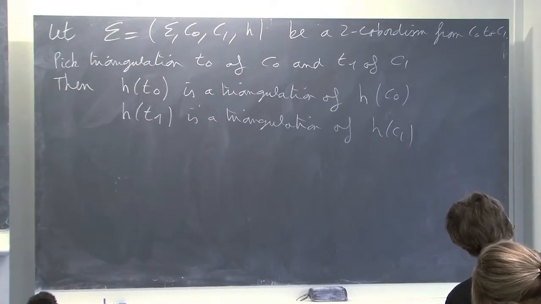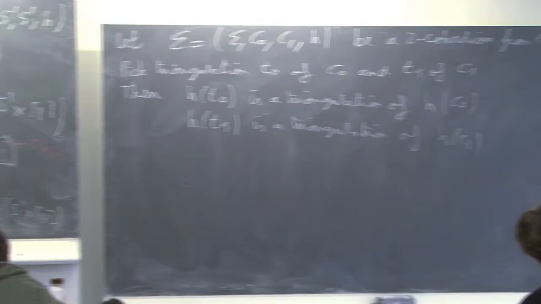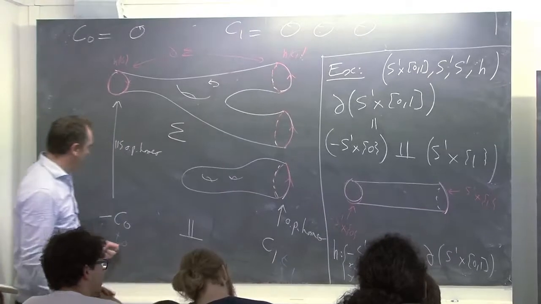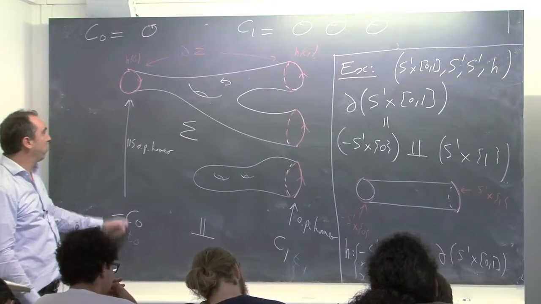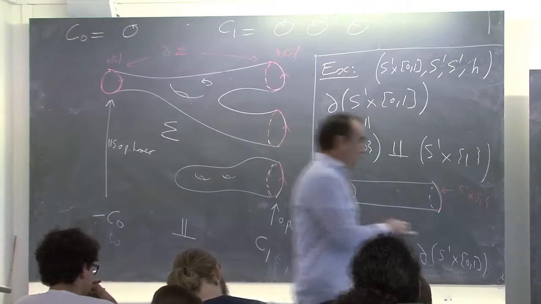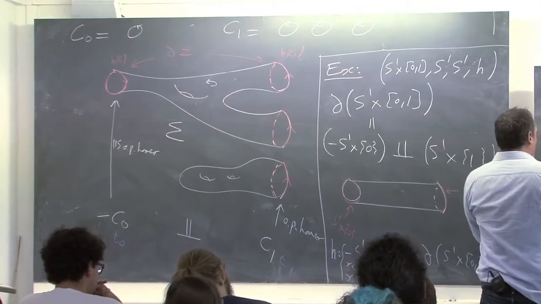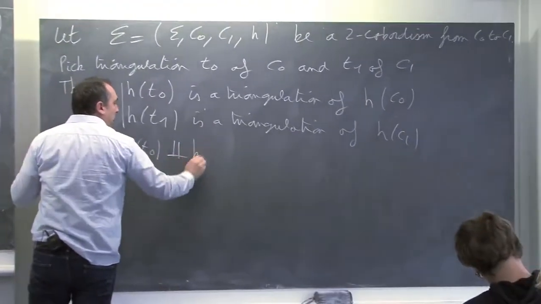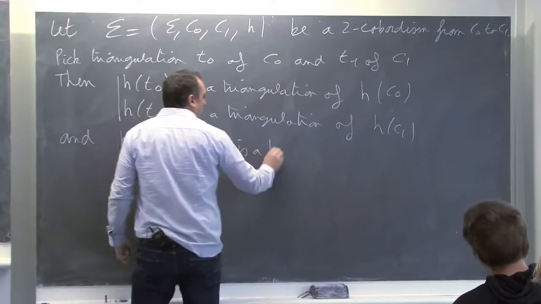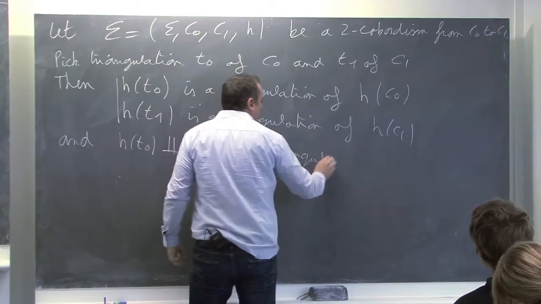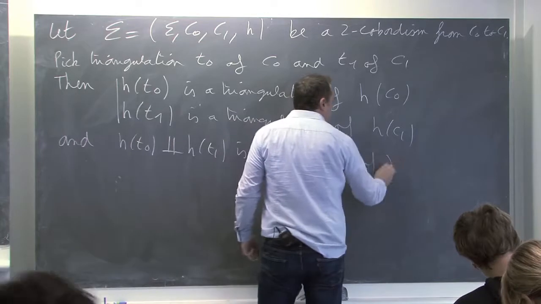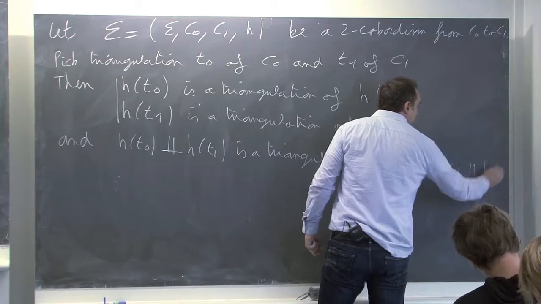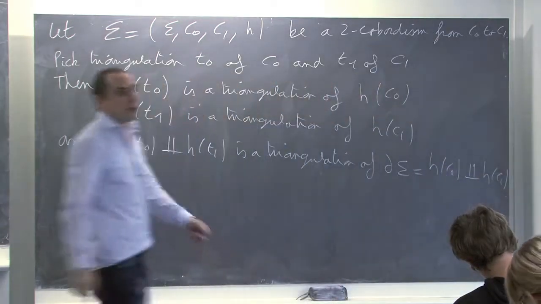So here this part is H of C0, this part is H of C1, and if you have a homeomorphism, you can transport the triangulation. Consequently, what we obtain is that H of T0 disjoint union H of T1 is a triangulation of the boundary. So you have a triangulation of the boundary.